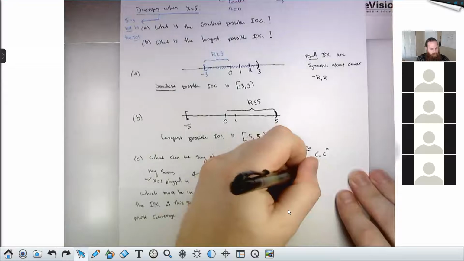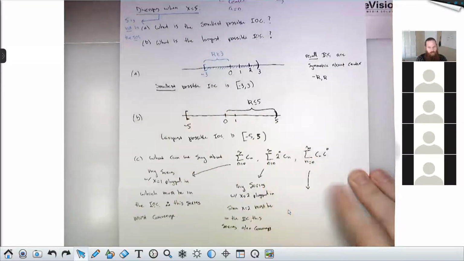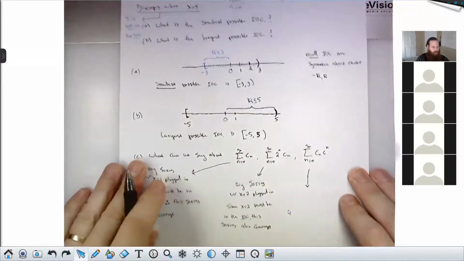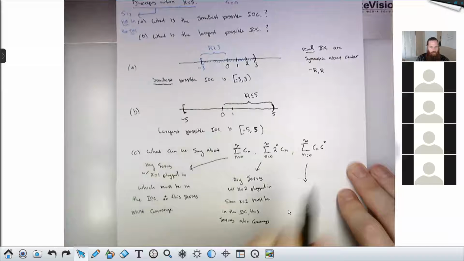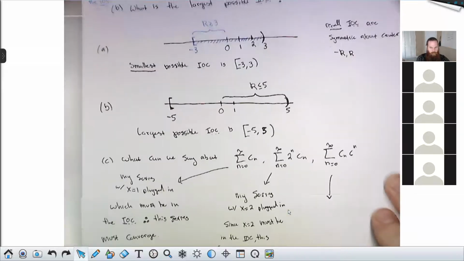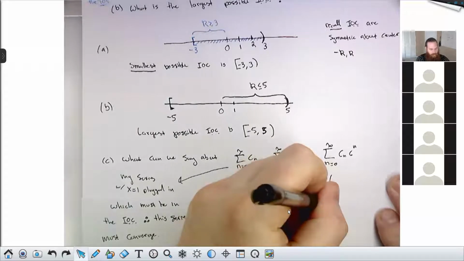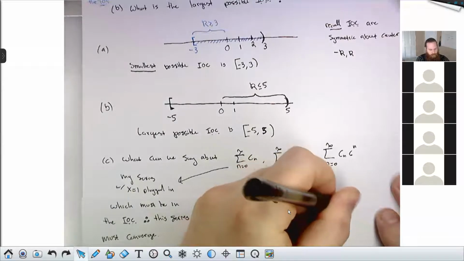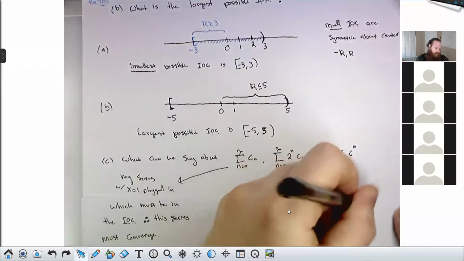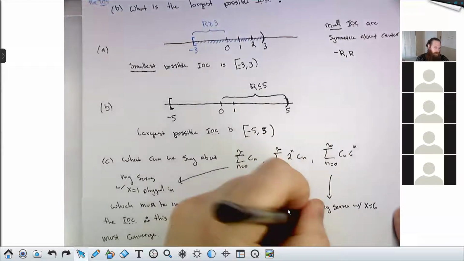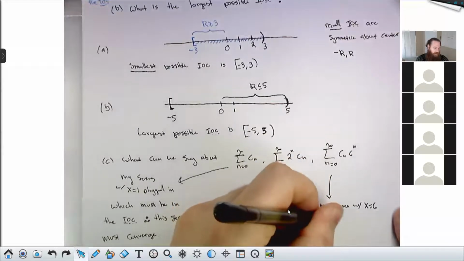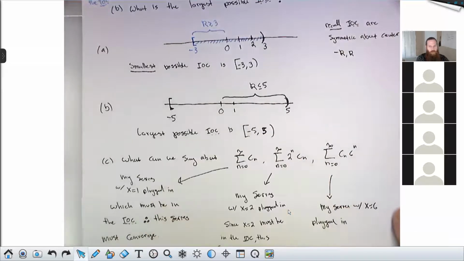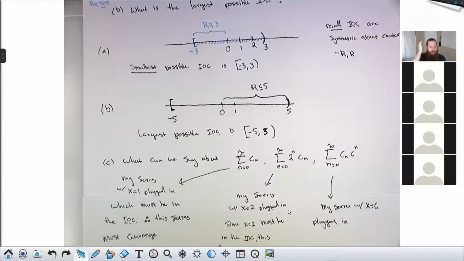And then this last guy, what does he have plugged in for x? Sorry, 6. Yeah, 6, right? This is my series with x equals 6 plugged in. Is there any way for 6 to be in the interval of convergence?